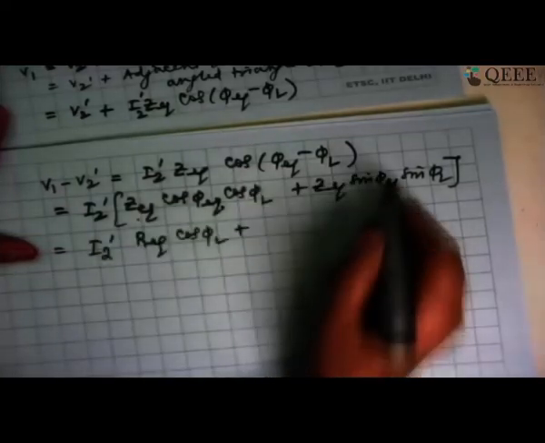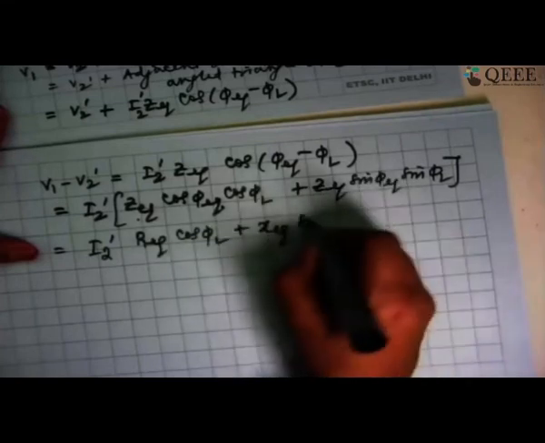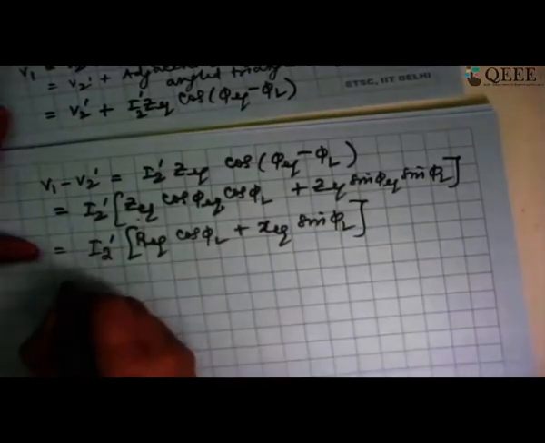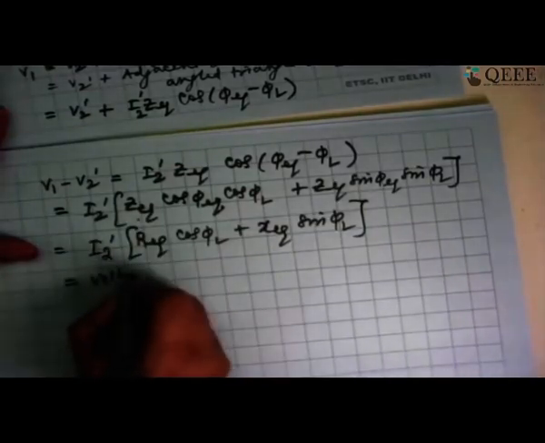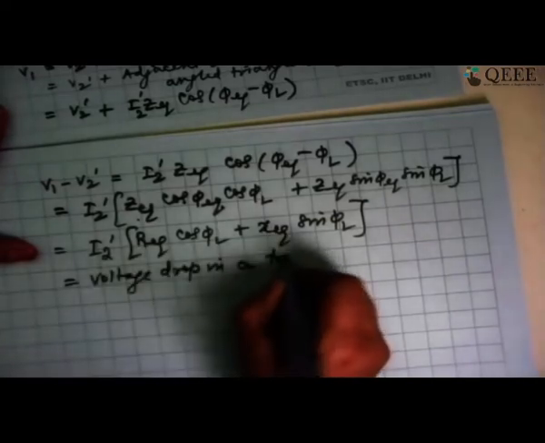I2' Z equivalent cos phi equivalent is R equivalent cos phi L plus Z equivalent sin phi equivalent is X equivalent sin phi L. So this is the expression for voltage drop in a transformer.